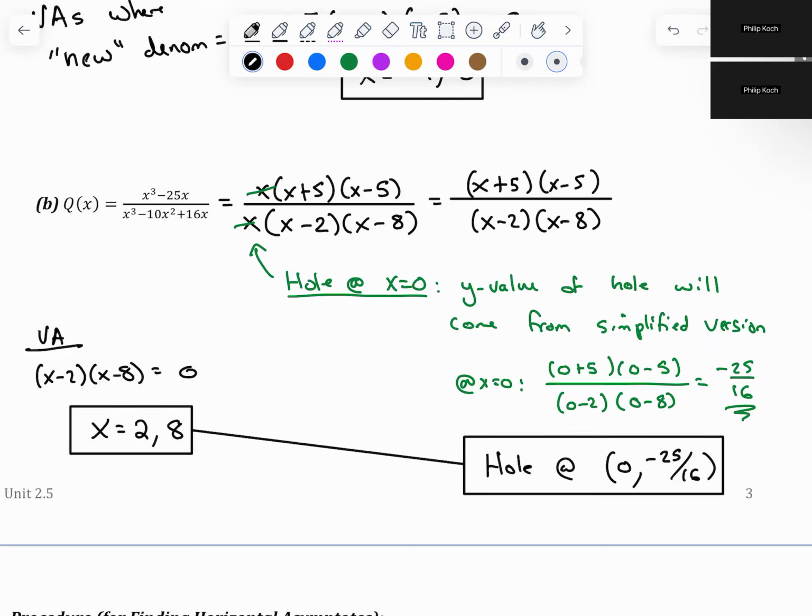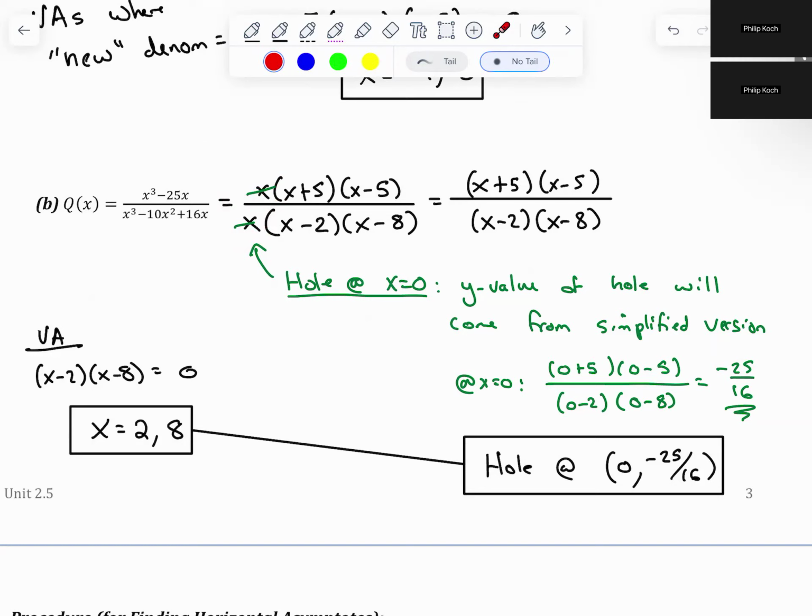That's how you, oh yes, JT. Well, it's zero, can you explain why there's a hole at 0? So it's wherever the factor equals 0. So in this case, where does x equal 0? At x equals 0.